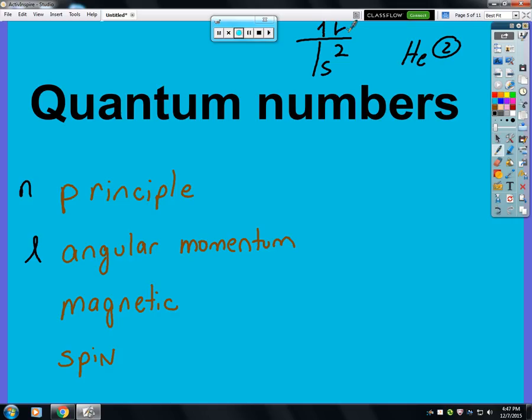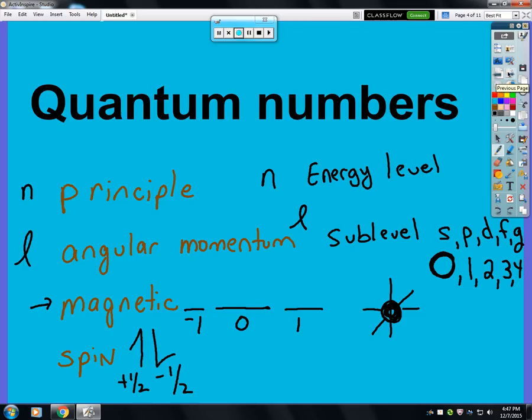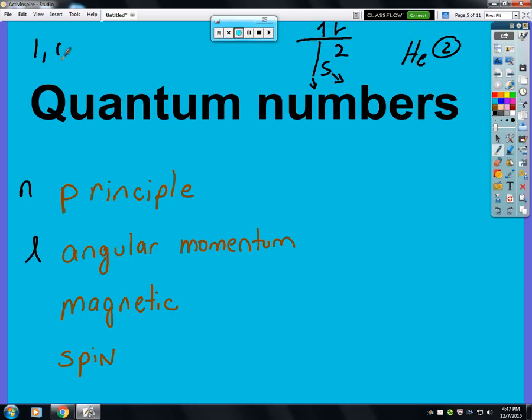So what are the quantum numbers for that? The principal quantum number for helium is 1, because that's the energy level it's on. What's the sublevel? S is going to be 0. So we call it 0.